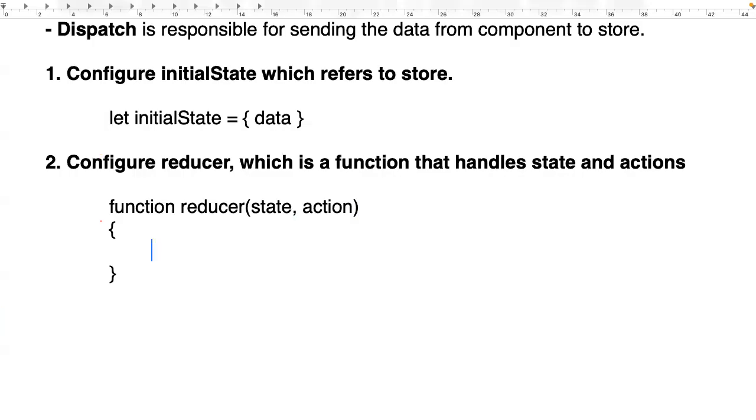So what we have to do, we need to write here: if action.type, we will pass the action type. If the action type is having a case, if it is matching with type 1, then it will update the state.